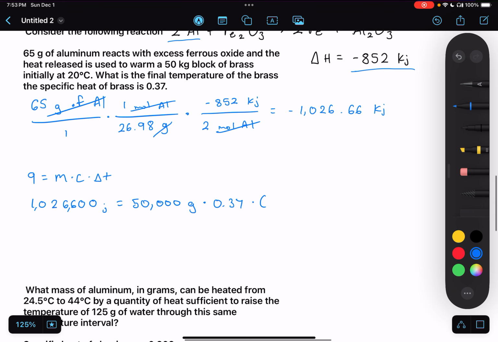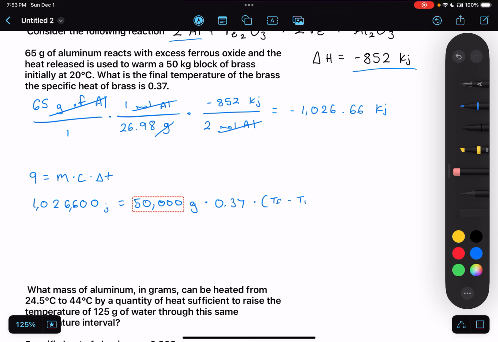So TF minus TI. Well, actually, I know TI, the initial temperature, which is 20 degrees Celsius. Okay, there we go. So now we do 1,026,600 divided by 50,000.